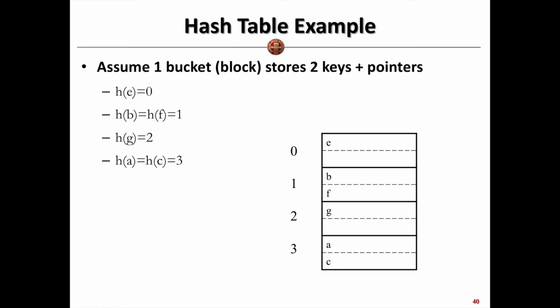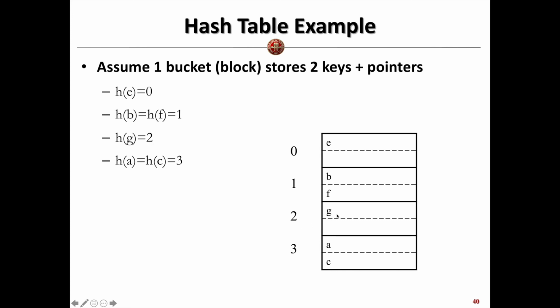So given the hash tables, if we want to search for some chars and find some tuples matching our requirements, for example, if we plan to search for data tuples with a key equal to G, the search process is very fast. Given the search key G, according to the hash function, h(G) equals 2. In other words, we can go directly to bucket number 2.